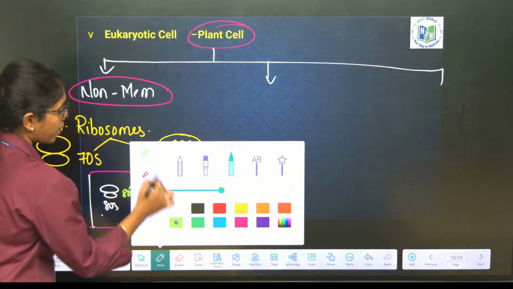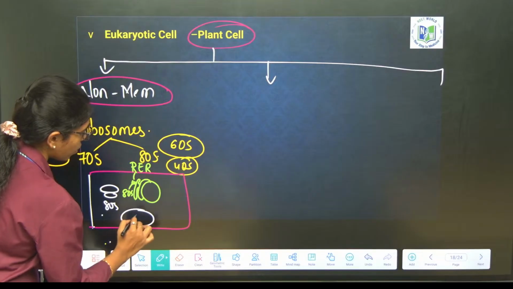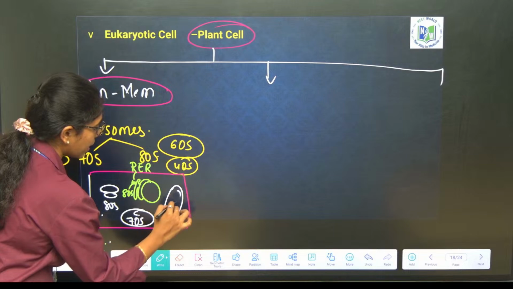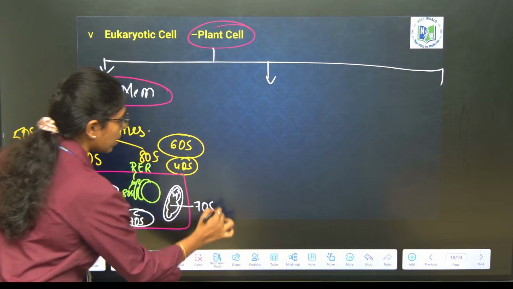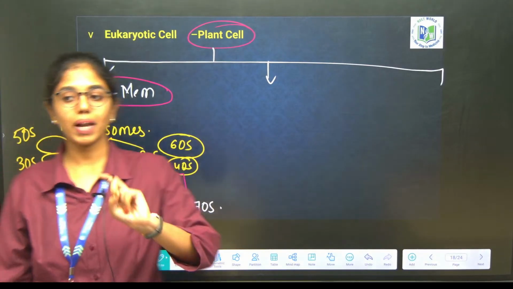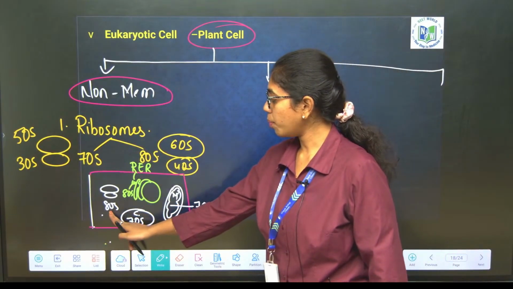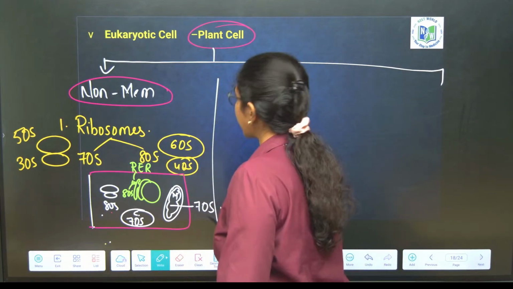Those ribosomes present in the chloroplast are 70S, and those present in mitochondria are 70S. These are the locations of ribosomes. 70S you will find in chloroplast and mitochondria, and 80S ribosomes you find in the cytoplasm and over the rough endoplasmic reticulum. Clear, right?